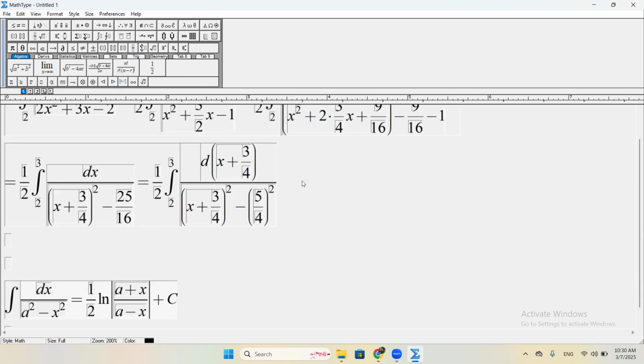Here we have almost this integral, but in a different order: here it is x squared minus a squared. So now let's multiply by minus 1.